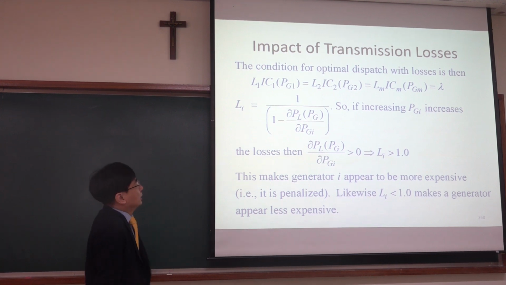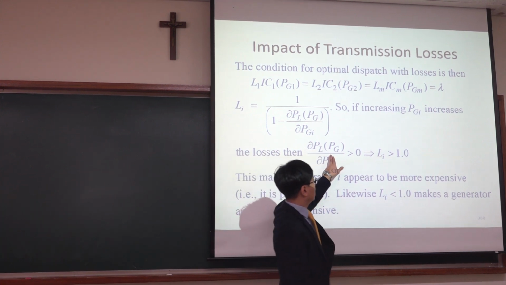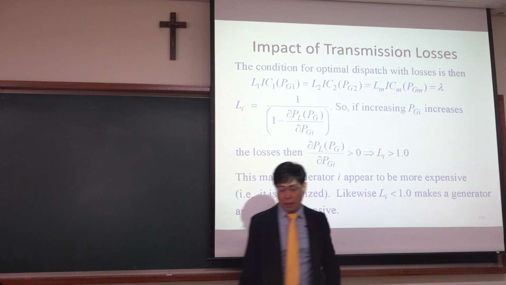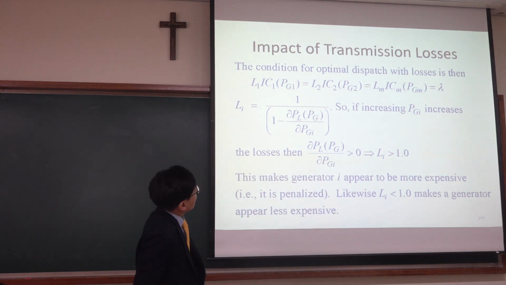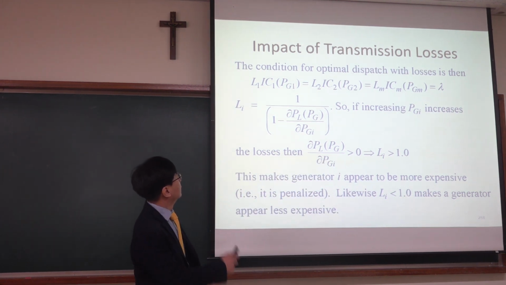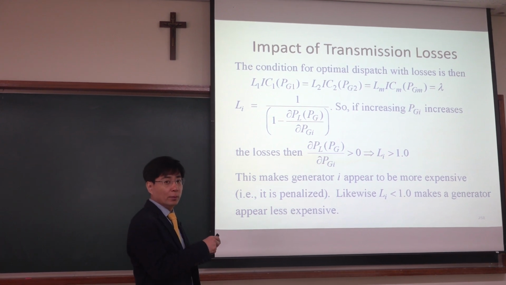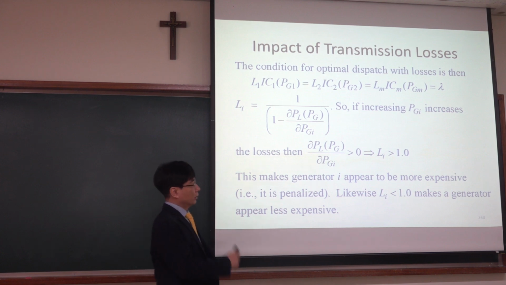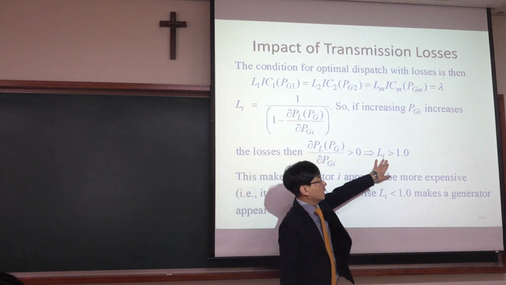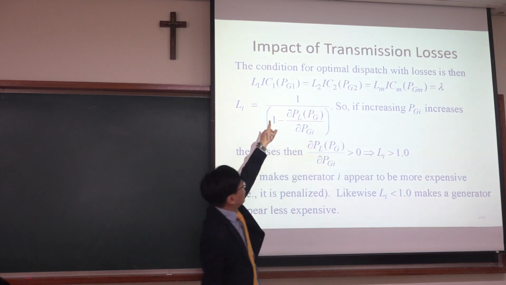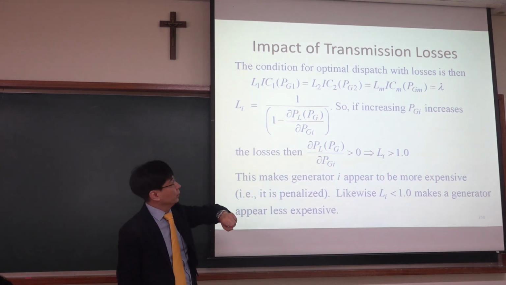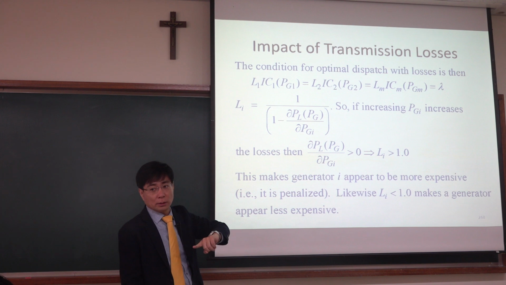So let's interpret what it means. For some generator unit i, if Li is greater than 1, what does it imply? If this is greater than 1 and this is constant, then this marginal cost decreases. What does that mean? For generator i, if Li is greater than 1, then the marginal cost at the generator should be lower than before.